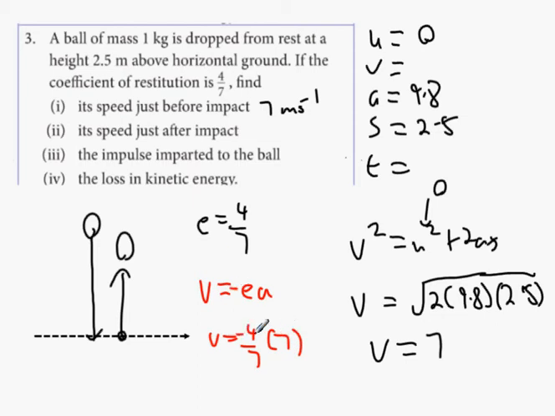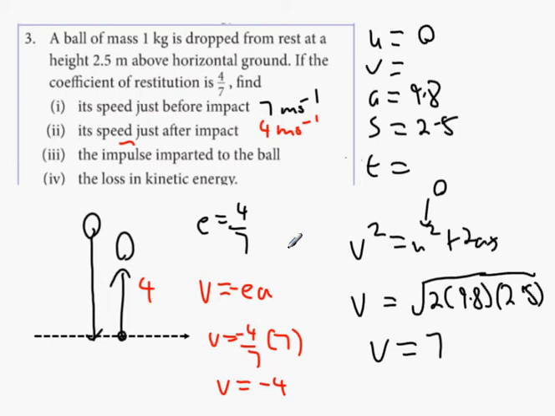So if going down was +7, going back up at a speed of 4 has to be denoted as -4. It says speed only, not velocity, so you don't have to specify the -4. If it said velocity, you'd have to specify that's going up 4 versus down 7.